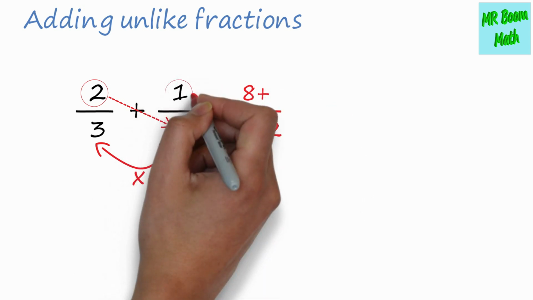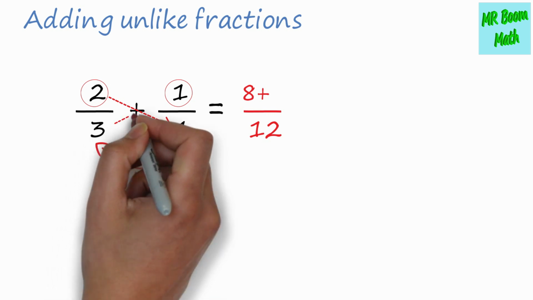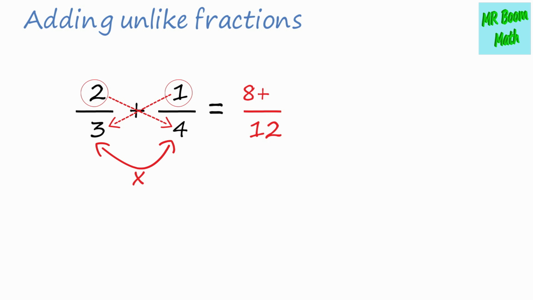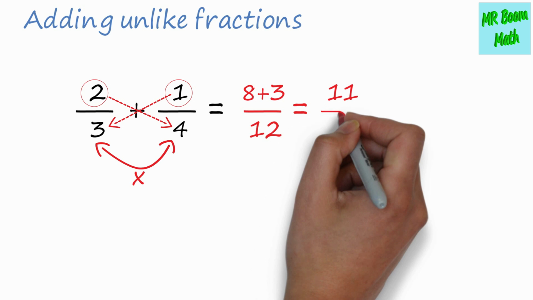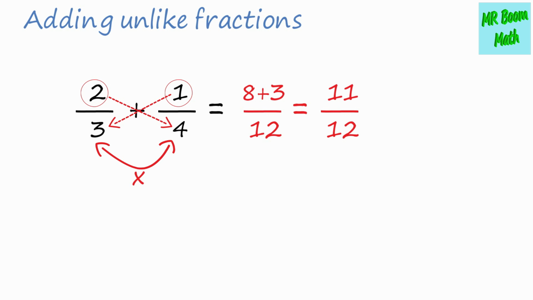Then we go to the right number at the top, and we multiply this number by this number. 1 times 3 is 3. Equals 8 plus 3 is 11. And look, the bottom number is 12. We have got 11 over 12. That is the easiest way of doing this.